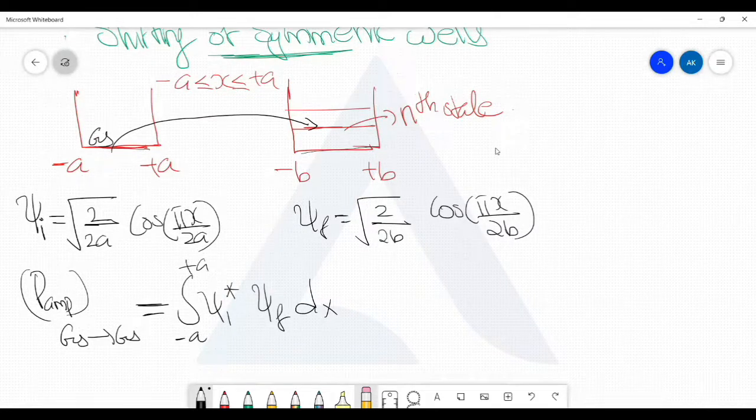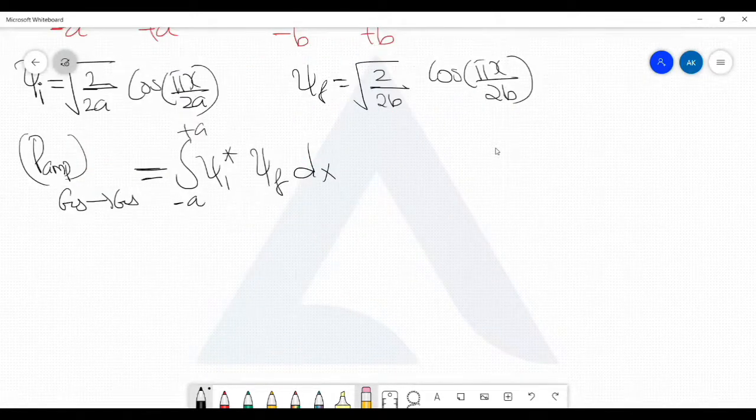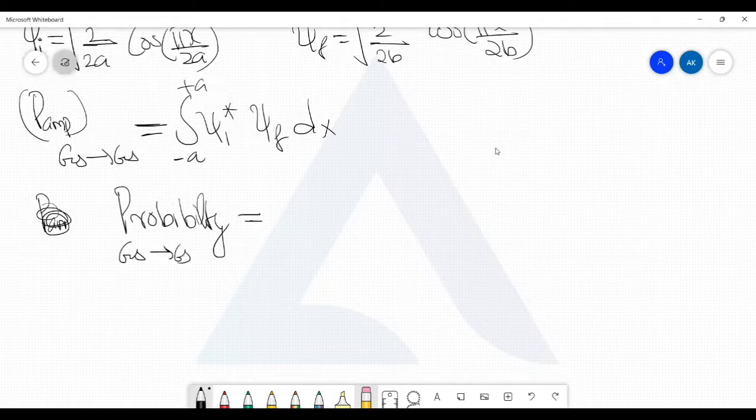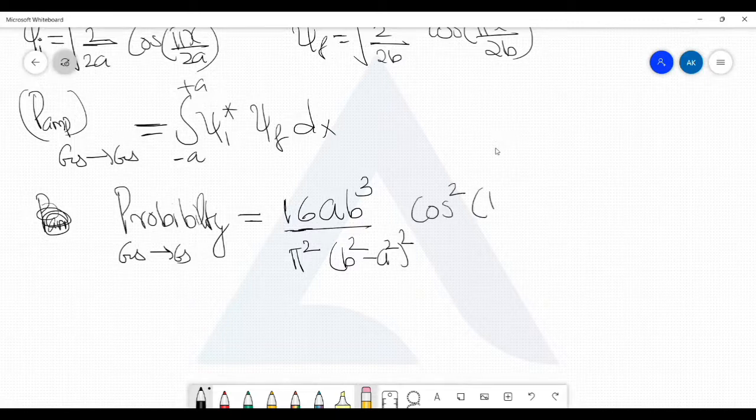Transition probability. This is the probability amplitude; I am writing the probability directly. This is equal to the ground state to ground state probability: 16 a b cube divided by pi square into b square minus a square, whole square, cos square pi a by 2b.